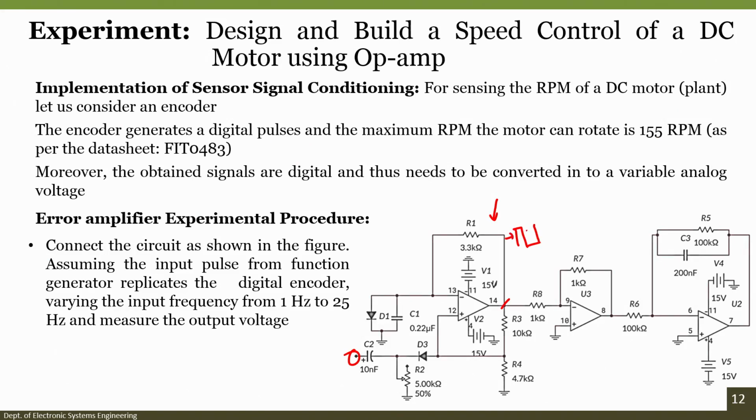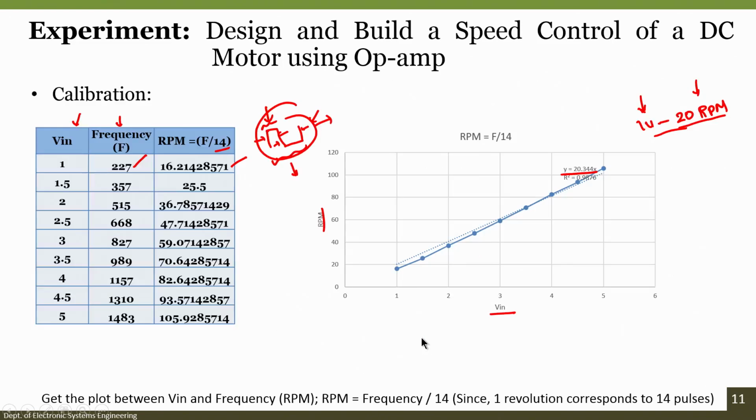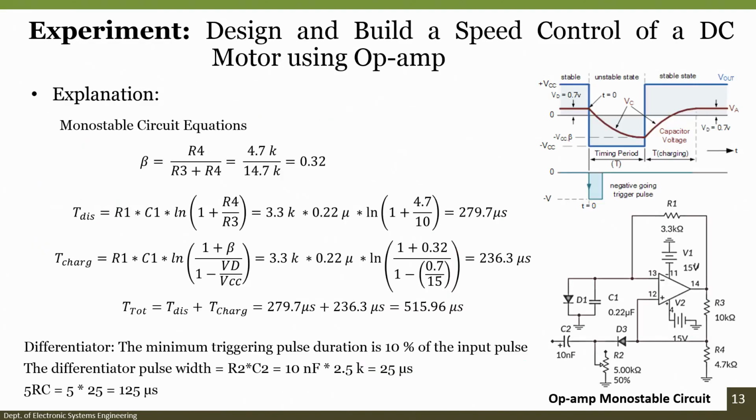Since it is operational amplifier based, we got a pulse like this, and the duration of the pulse depends entirely upon the parameters we have set here. It depends upon beta, and it depends upon R1 and C1. Those relations we also discussed yesterday.